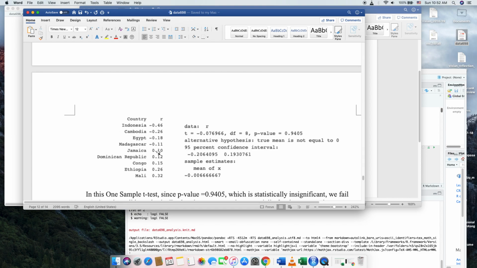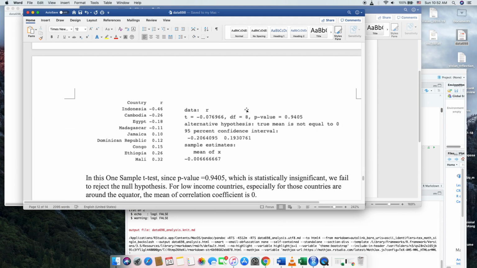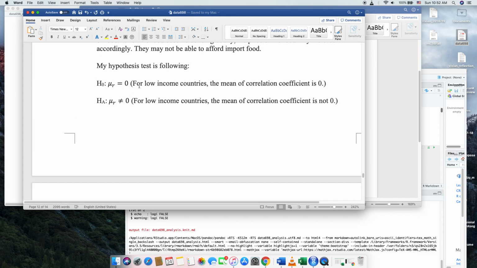For those countries, I use them as my sample, and the alternative hypothesis is not equal to 0. I don't know if it's going to be increasing or decreasing, so I just put it as not changing. But unfortunately, I find that the p-value is 0.9405, which means it's statistically insignificant. We cannot reject the null hypothesis, which means their mean of correlation coefficient is 0.